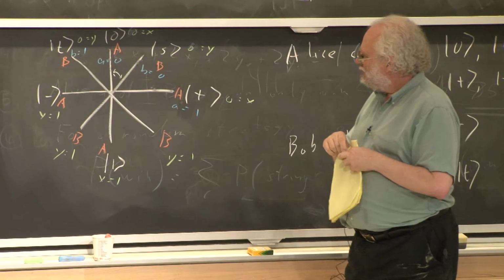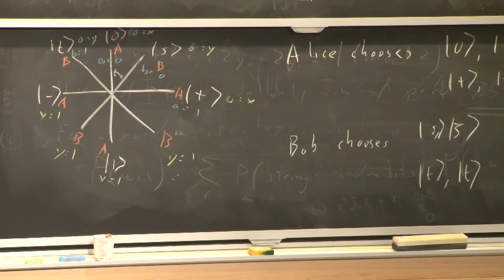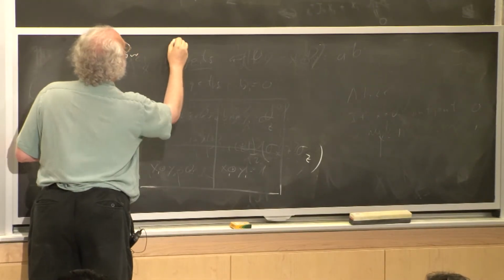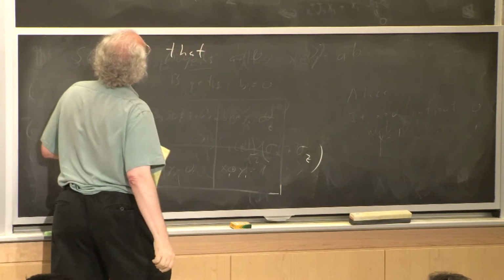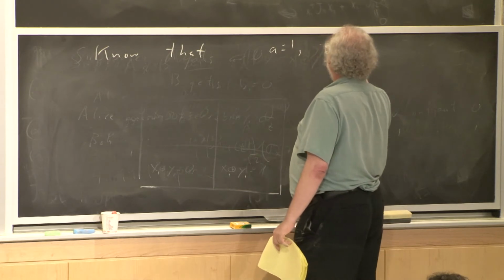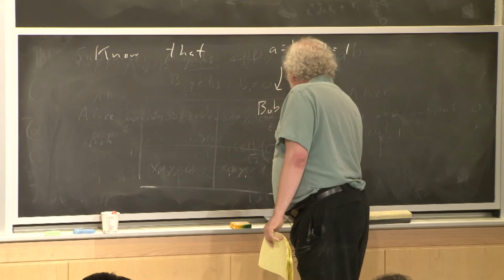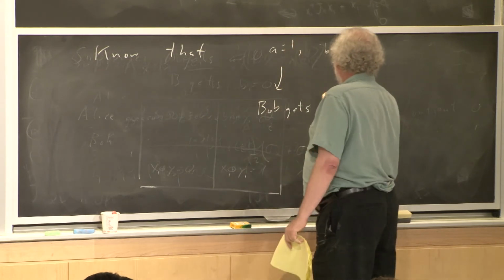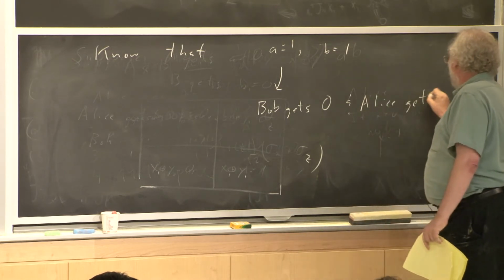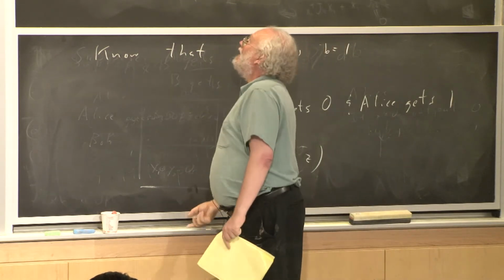Well, we know that, let's see, if A equals 1 and B equals 1, Bob gets 0 and Alice gets 1. Okay.